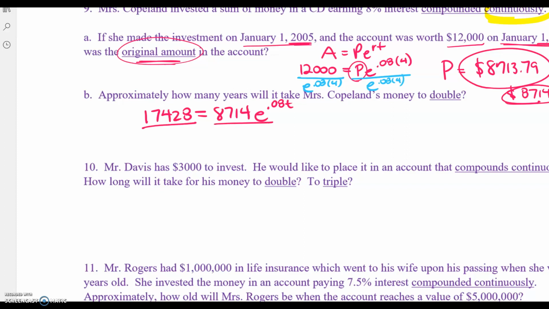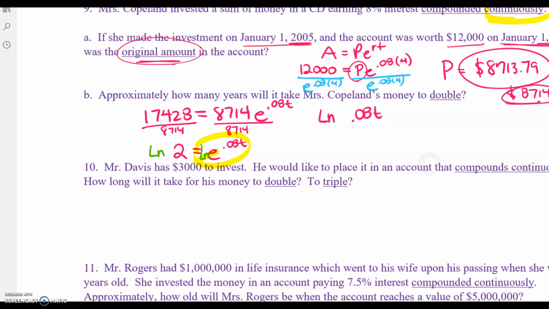What happens here when I divide both sides by 8,714, this just ends up being equal to 2. 2 equals e to the 0.08t. And just like before, I'm going to take the natural log of both sides of my equation. I'm just going to add that in there. And when I ln e to the 0.08t power, these cancel each other out, and I'm just equal to 0.08t.